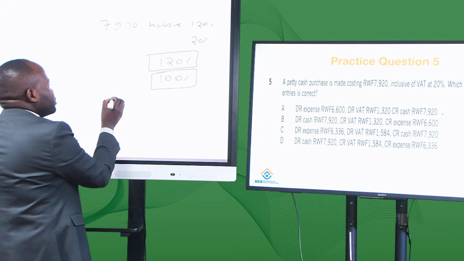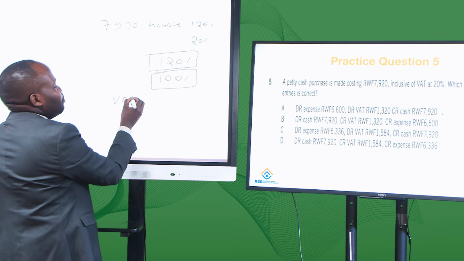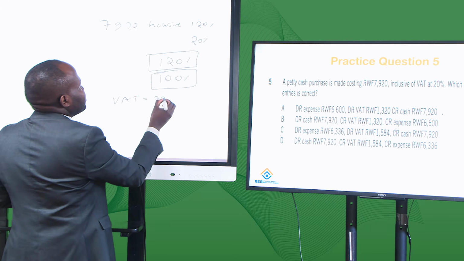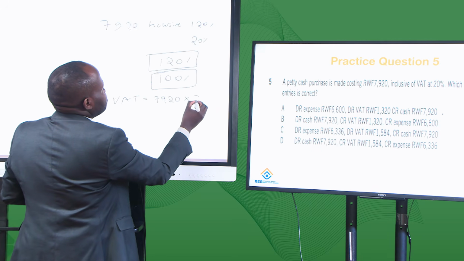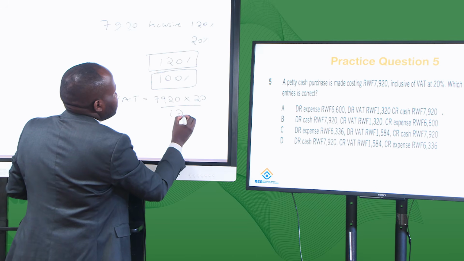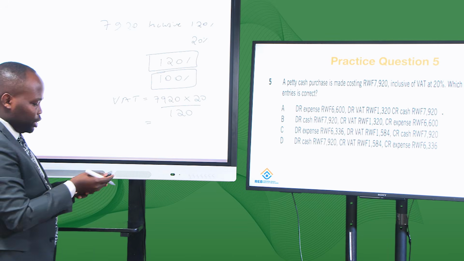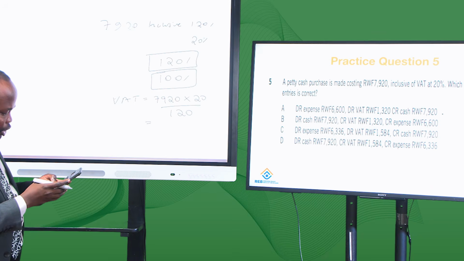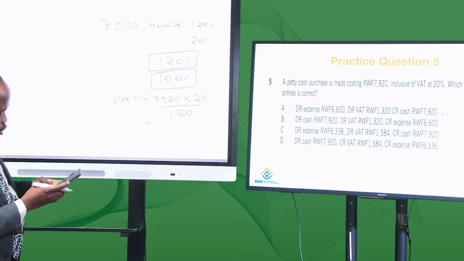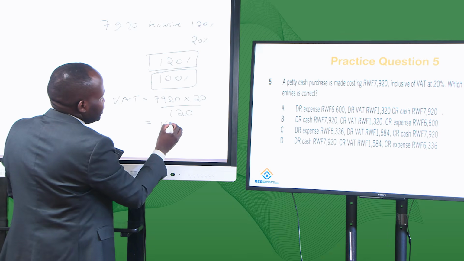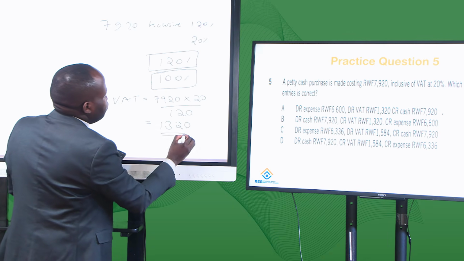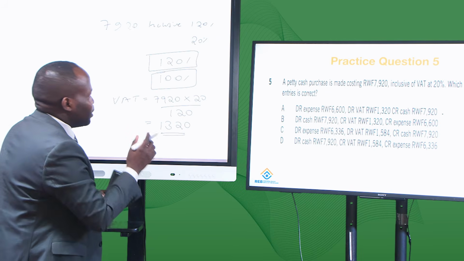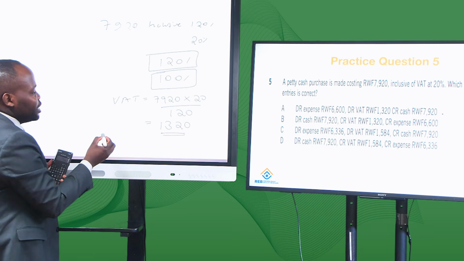To know the correct entries, we'll first of all calculate the amount of the VAT, which will be 79.20 times 20 over 120. Let's calculate: 79.20 times 20 divided by 120 gives us 13.20 as the amount of VAT. Now, remember the other amount, 79.20, was inclusive.